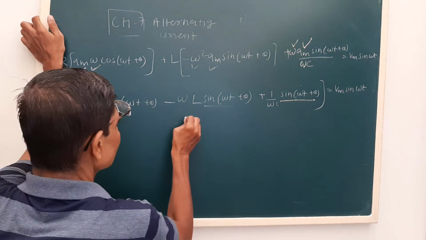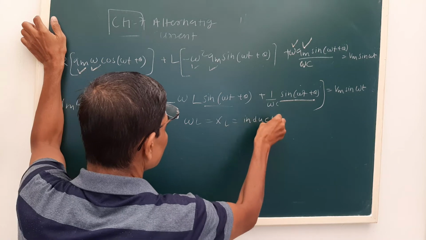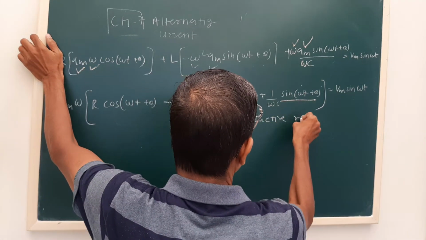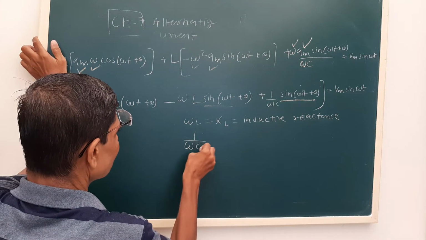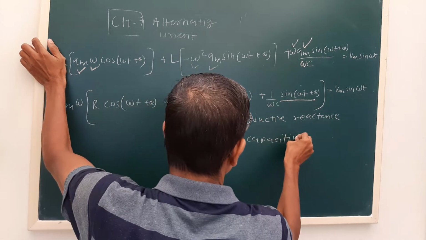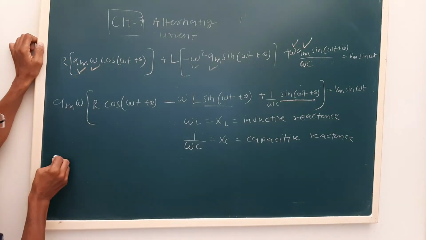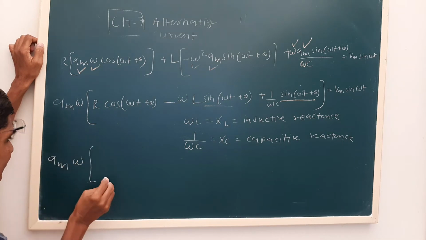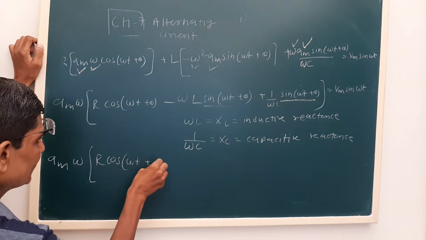Now before that, omega L is XL, that is the inductive reactance, and 1 upon omega C is XC, the capacitive reactance. So R cos(omega t plus theta).